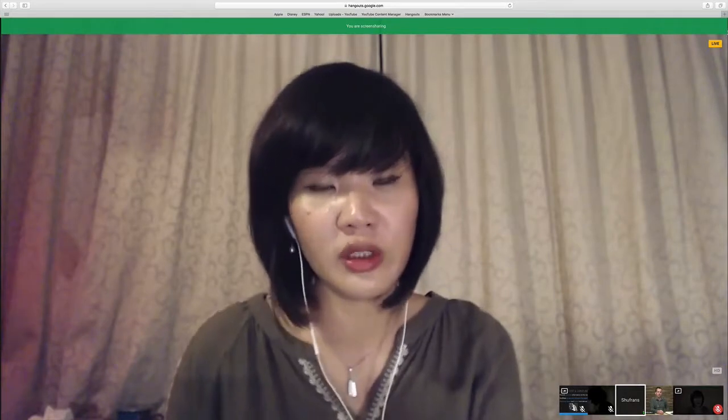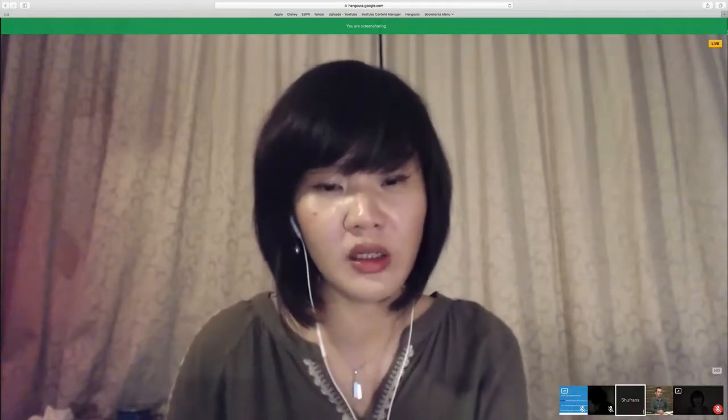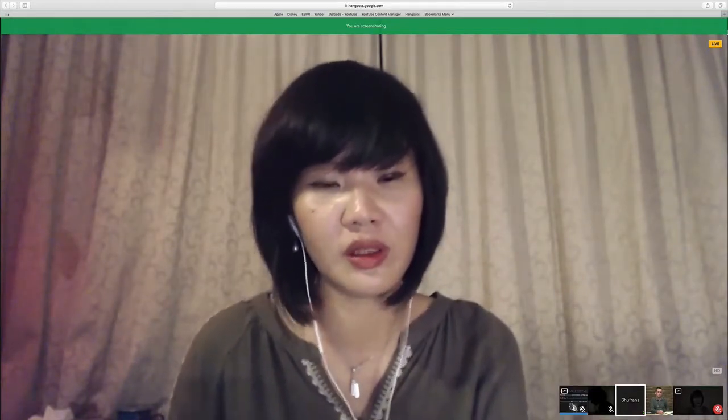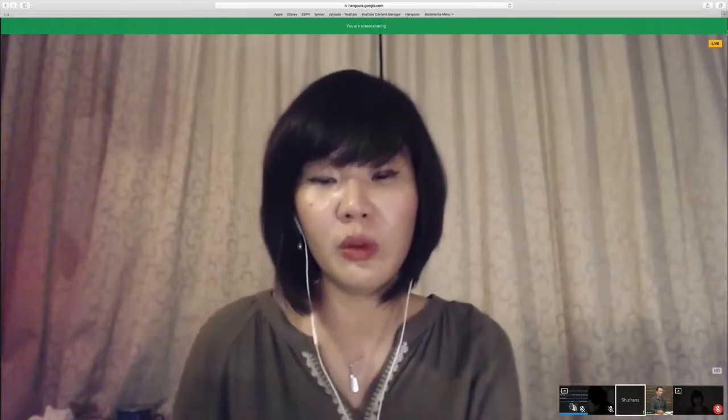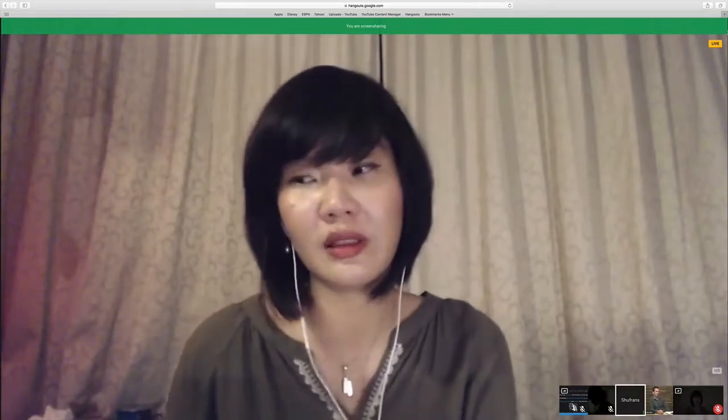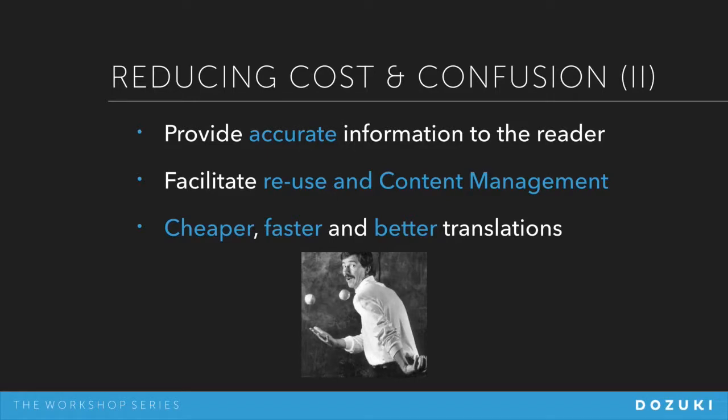Now, moving on to the next few points. Because we have fewer words to choose from and our syntax is highly regulated, we will use the same sentence patterns over and over again. It means our text becomes more repetitive, meaning that if we have two sentences very similar in content, they are very likely to follow the same pattern with maybe just one or two words that are different.